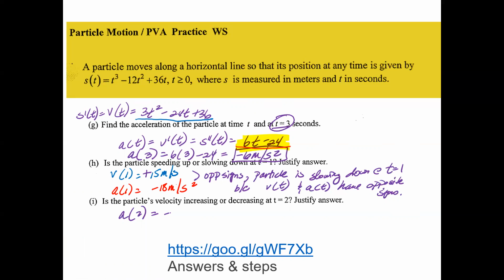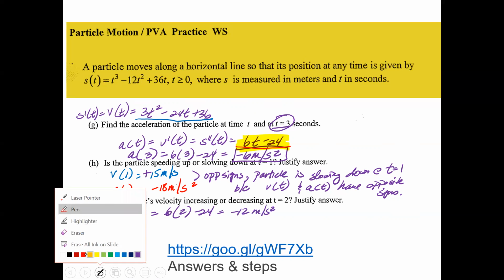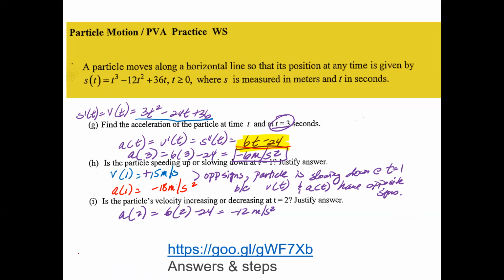If you plug it in, it is 6 times 2 minus 24, which is going to give you a negative 12 meters per second squared. And that is a negative. And so since A of 2 is less than 0, which is negative, the velocity is decreasing at t equals 2.